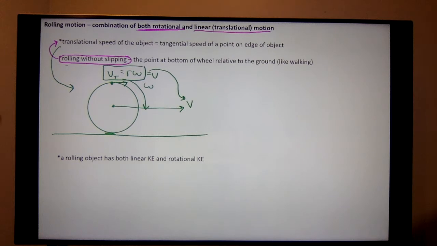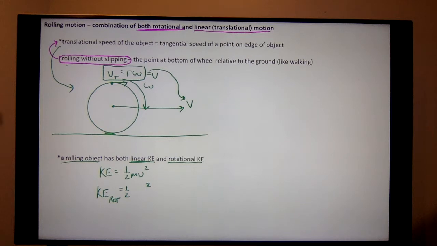So in this particular case, we have a rolling object that has regular linear kinetic energy, 1/2 mv squared, but also rotational kinetic energy. And I can get the equation for that particular type of rotational kinetic energy by just looking at the exact same equation and rewriting it in terms of angular expressions.